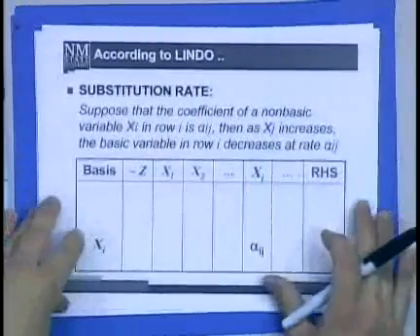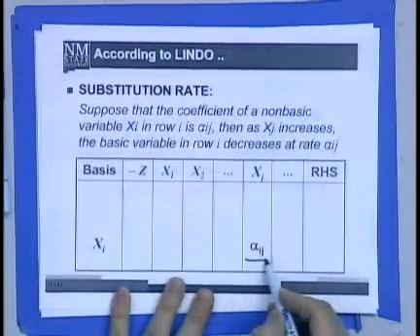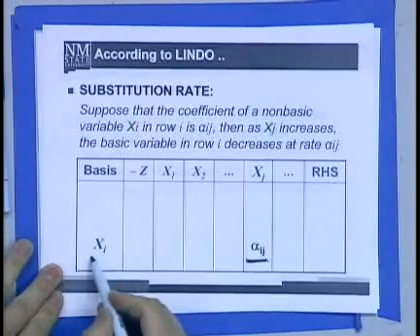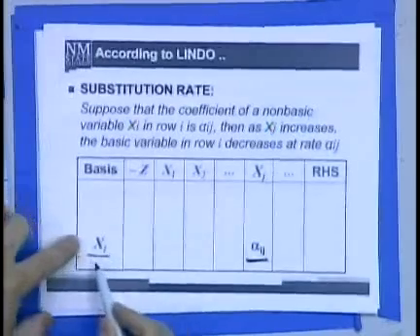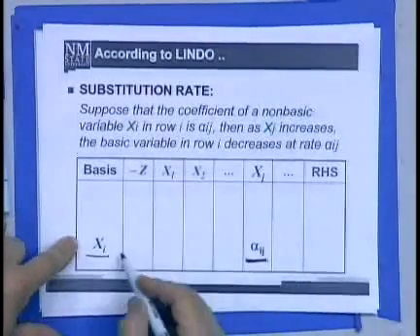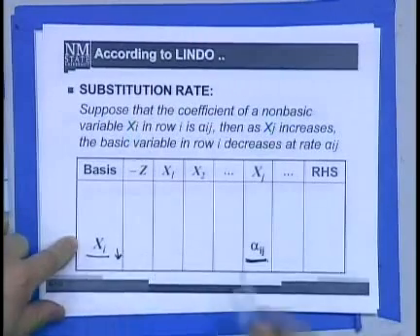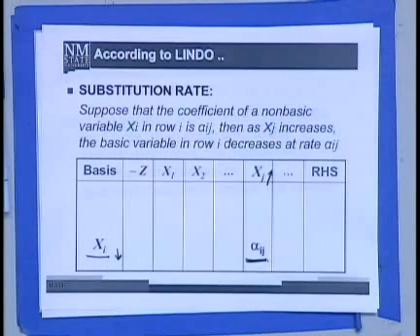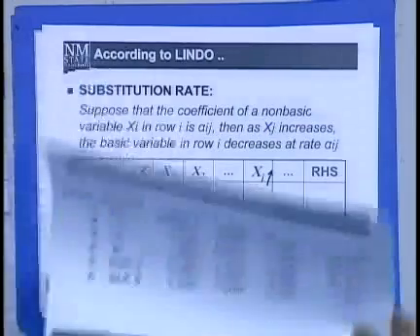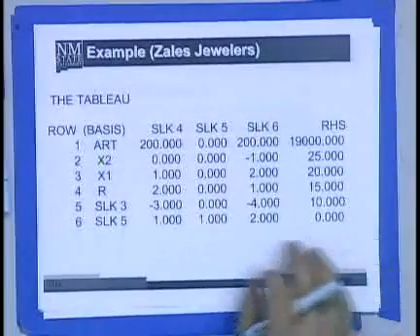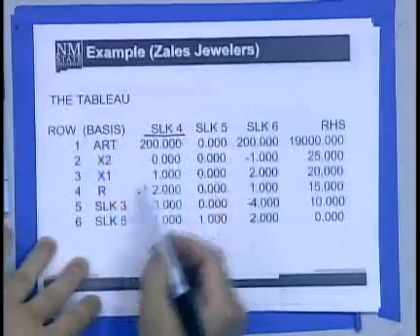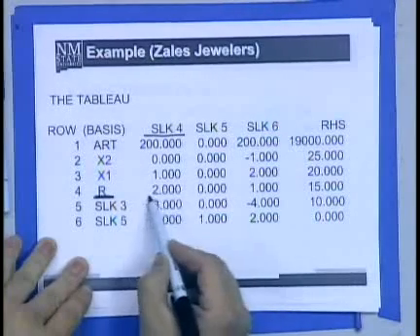And we've learned the substitution rate alpha sub ij is how much the basic variable xi in row number i decreases as the non-basic variable xj increases. And here, the substitution rate of slack 4 for variable R is positive 2.